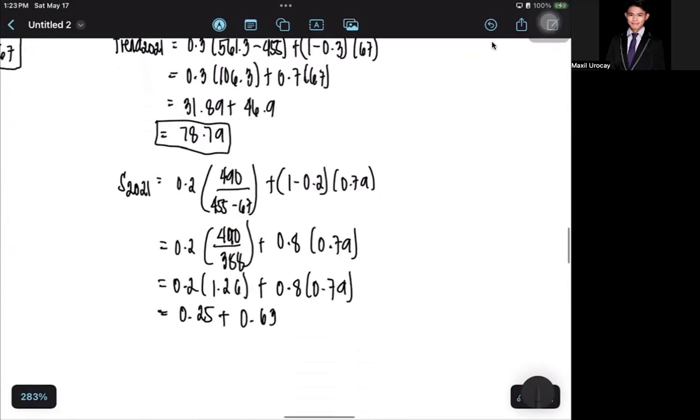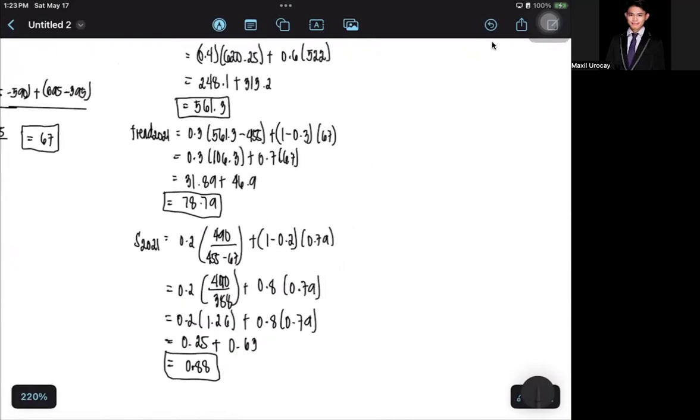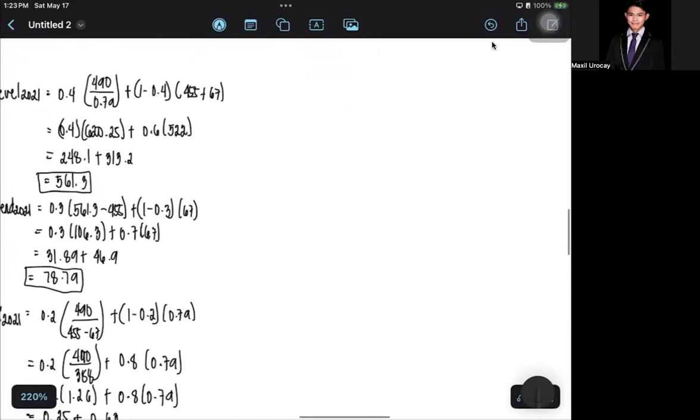So calculating that one, it will equate to 0.63 plus 0.25. That will become 0.88. So your seasonality right now is 0.88 already for 2021 alone. Now we'll begin to move on to the level of 2022 already.